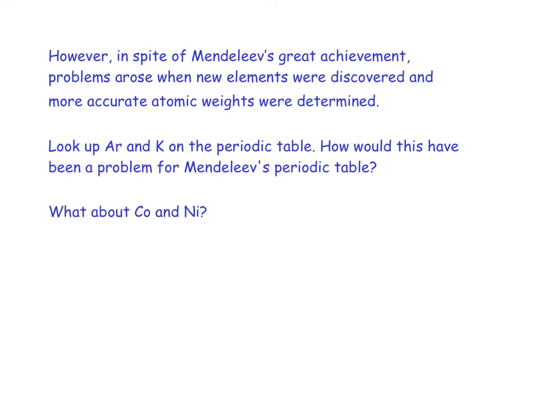However, there was a hang-up with Mendeleev's table. If we focus on the two elements argon and potassium, if we were following Mendeleev's arrangement, potassium would have been ordered first in his periodic table and then argon, because argon has the higher mass.